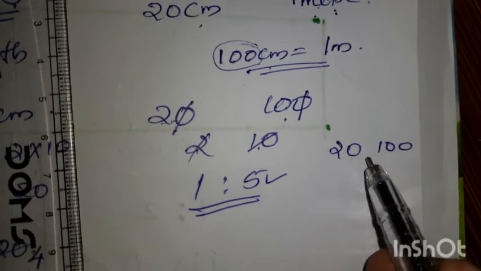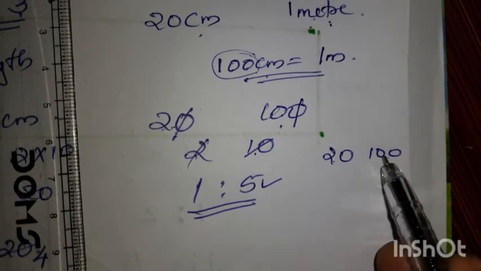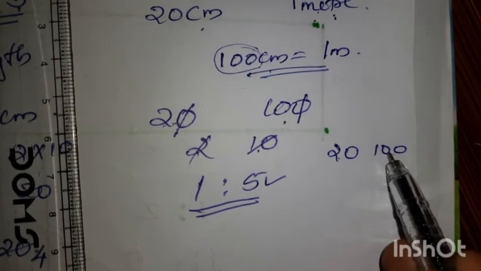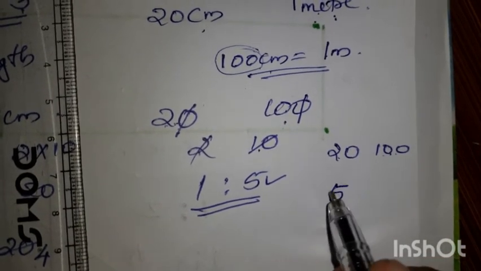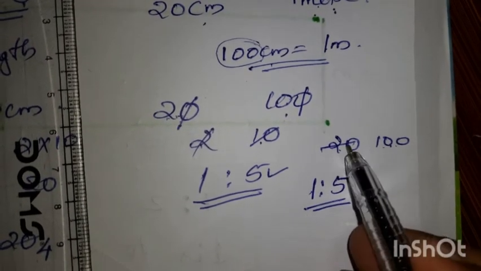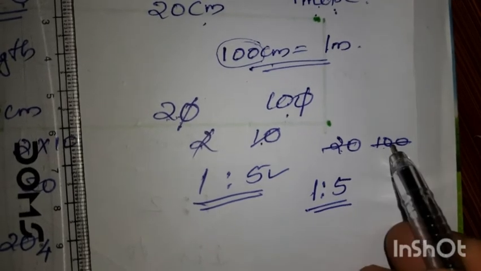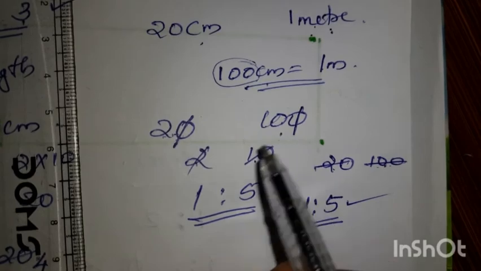Or you can directly write here 20 and 100. If you are not cutting zeros, 20, how many times is 100? Sorry, 5 times it is 100. So 1:5 again you can write down. 20 1s are 20, 20 5s are 100. So 1:5. Or you can cut one zero.